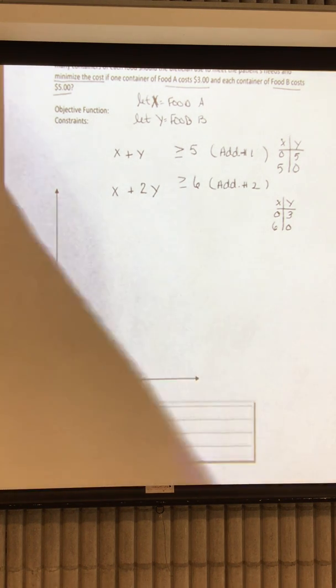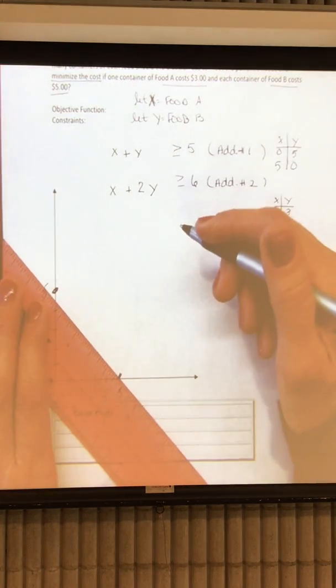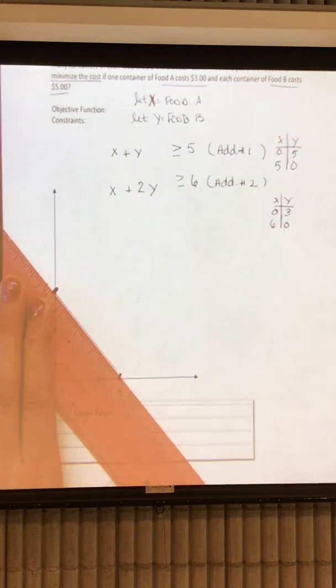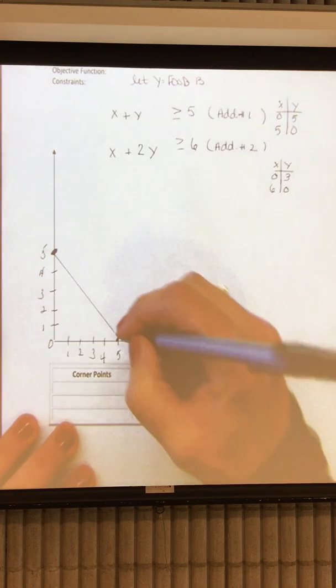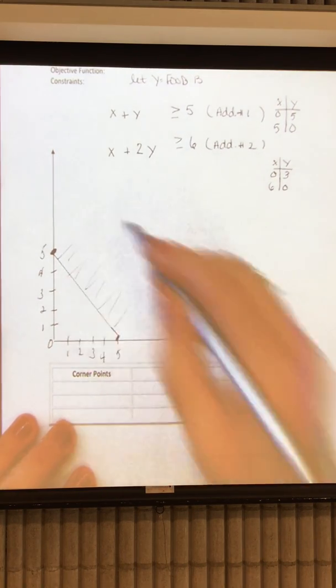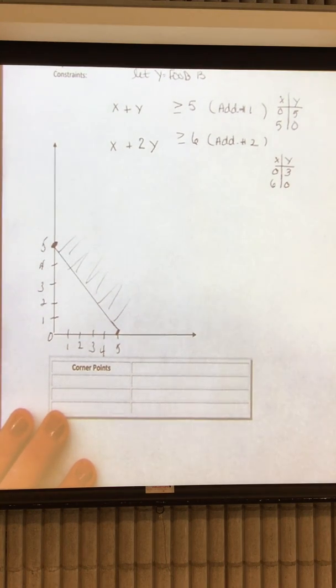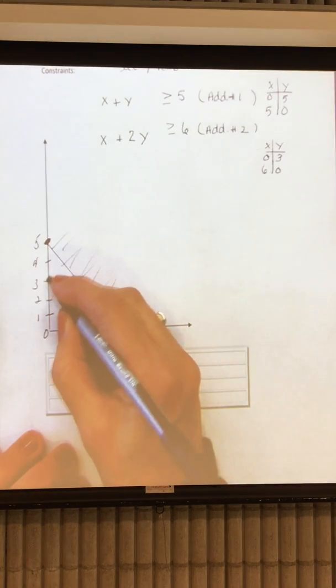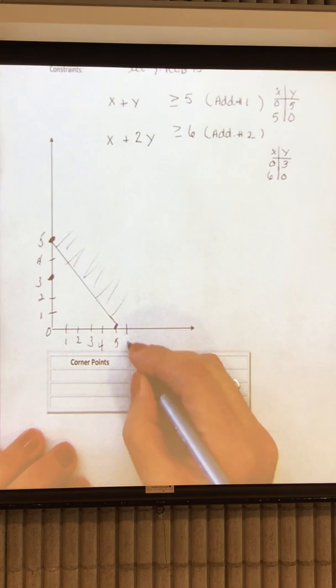And here is our first line. And greater than or equal to is shaded above. And our second inequality, we have 0, 3 and 6, 0.